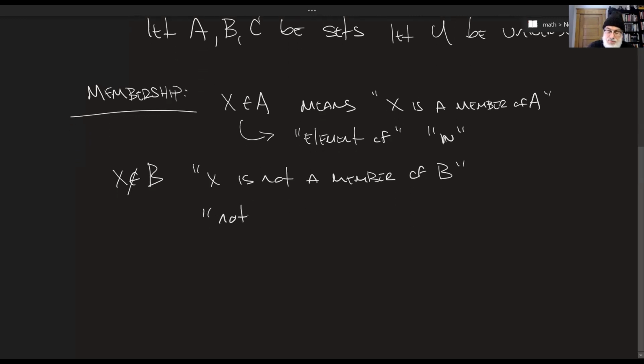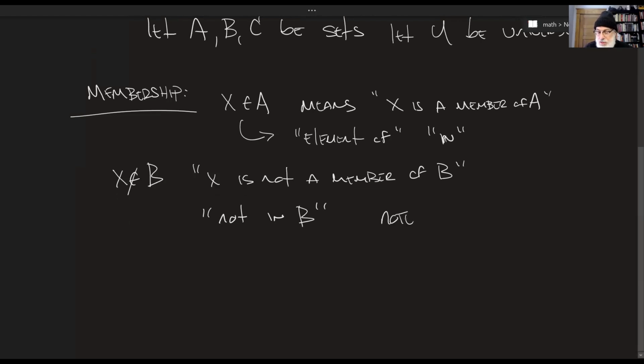So we can also think of this as not in B. This comes in handy. It might not seem relevant, but it will be used throughout. So that's what it means to be in a set.